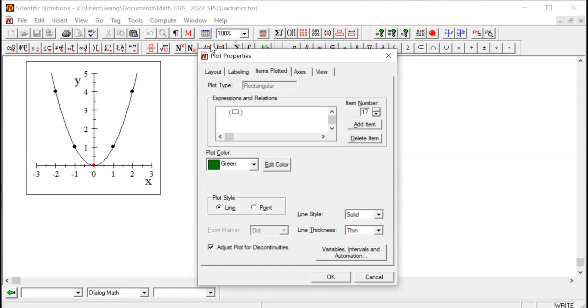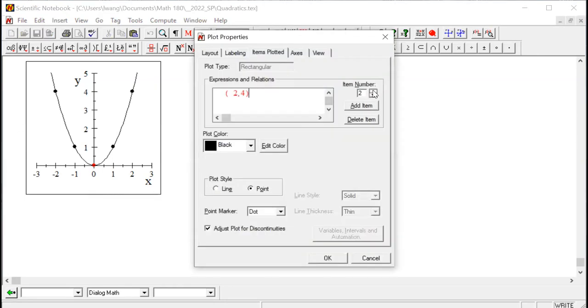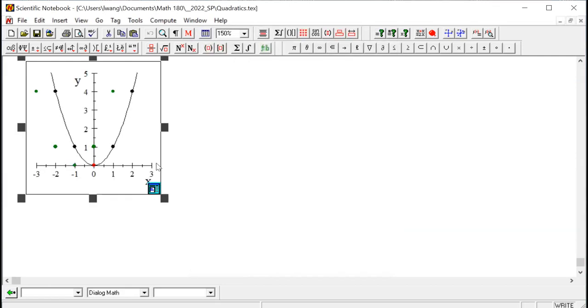So this one is going to be 0, 1. 1, 4. Right? Okay. I think. Oh, my bad. I forgot to change them to points. Okay. The green points. I think we got them all right there.